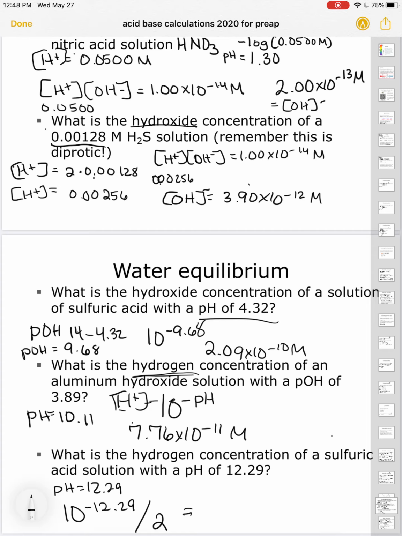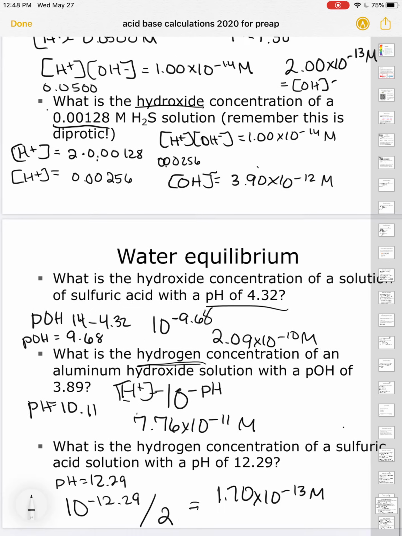From 10 to the negative 12.29, I get 5.13 times 10 to the negative 13. I have to divide that by 2 because it's sulfuric acid, so I have to go backwards. So it's 1.70 times 10 to the negative 13 molar.